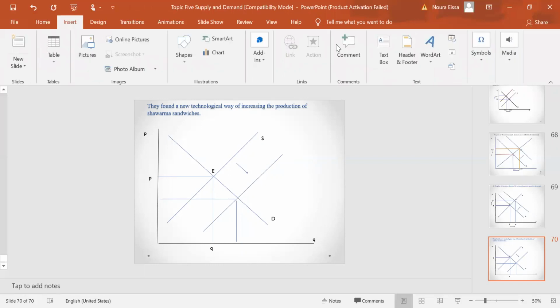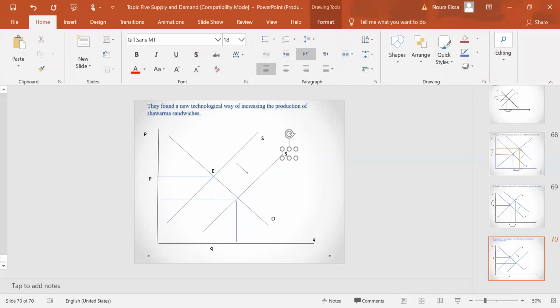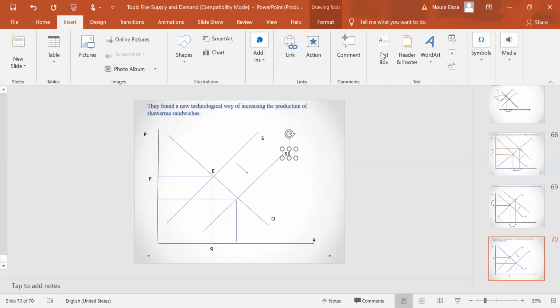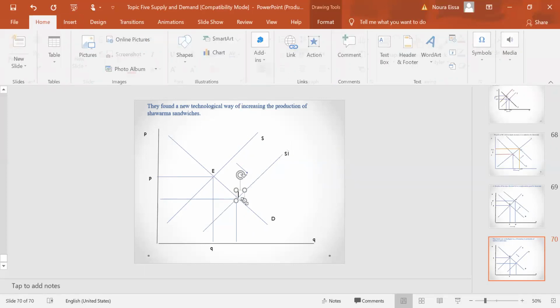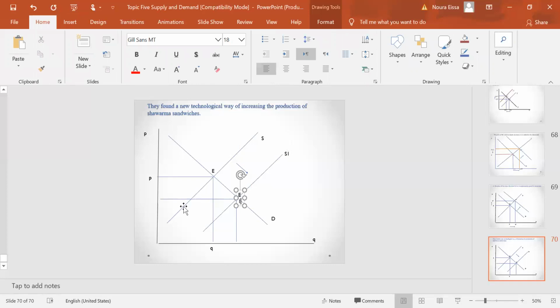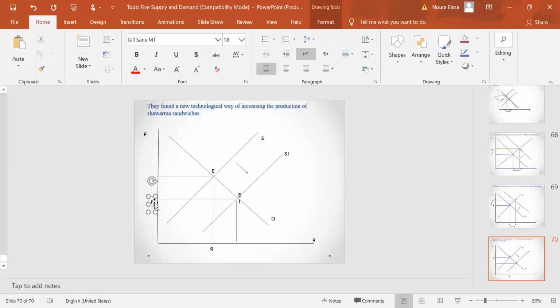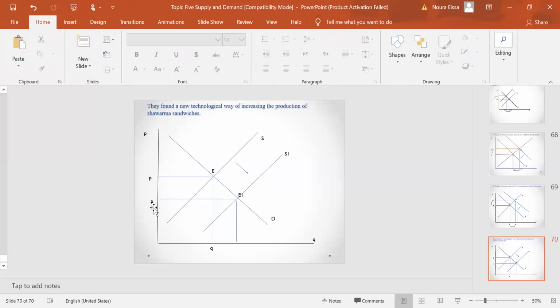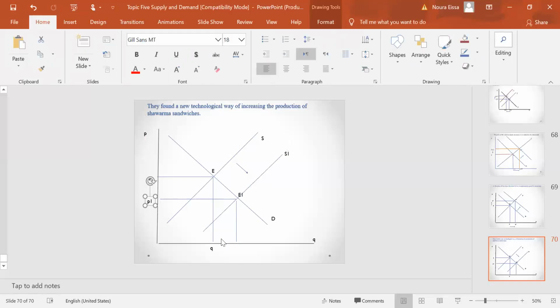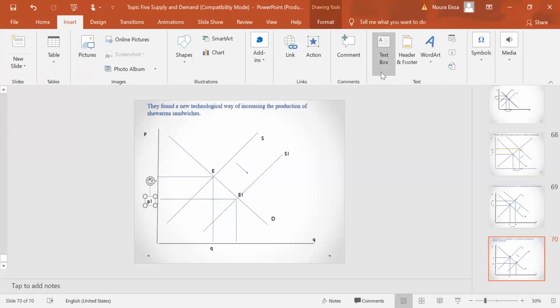Let's just label our graph. This is S1. This is E1. Okay. This is P1. And right here, this is Q1.